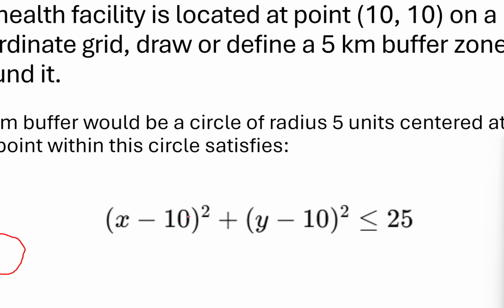So that is why (x minus 10) whole square plus (y minus 10) whole square is less than or equal to 25. So this particular area is going to be the buffer zone. Not like this, but the whole circular part is the buffer zone.